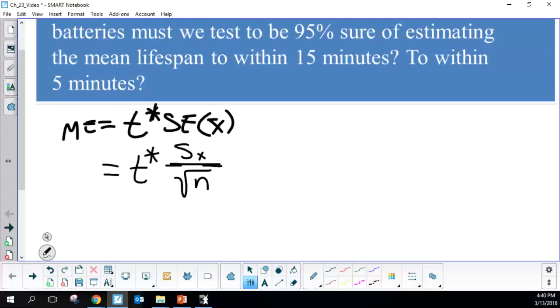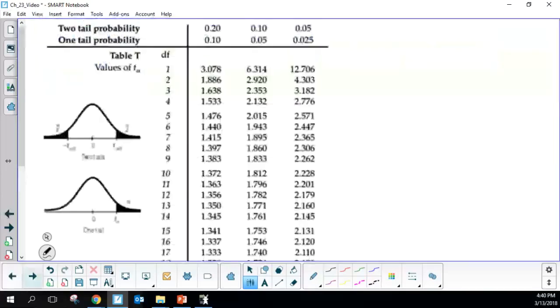So that's a problem. I don't know what I'm going to do for my t critical value, because every different sample size could potentially give me a different t.